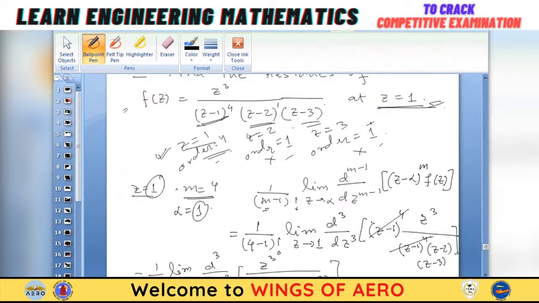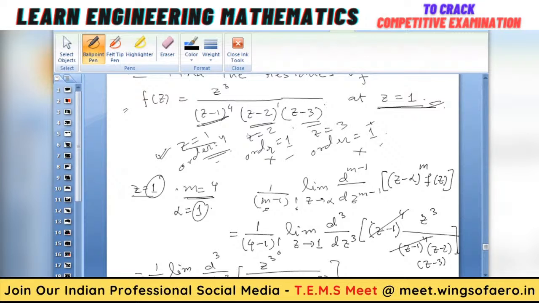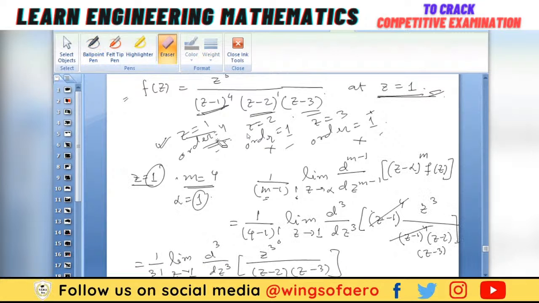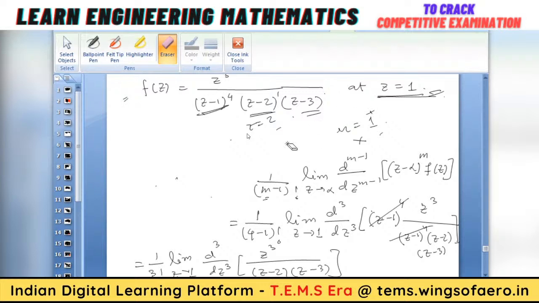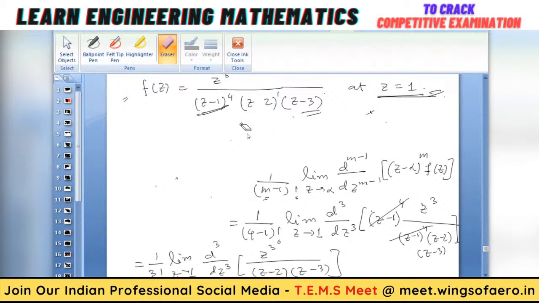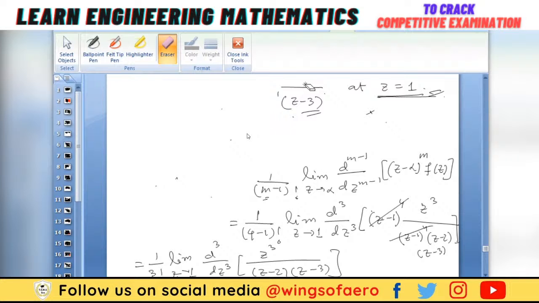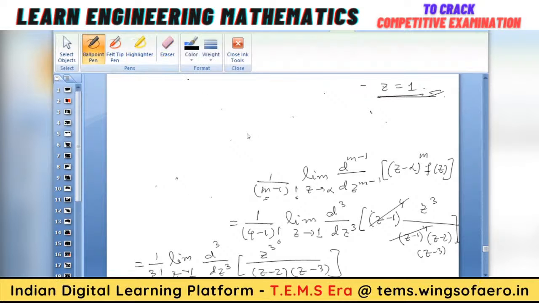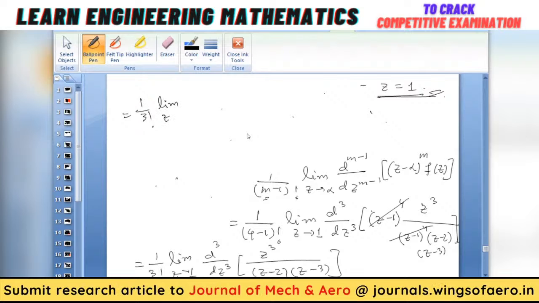The result is, if you simplify this one, it becomes 1 by factorial 3. 1 by factorial 3 means 1 by 6. You can write down 6 directly.